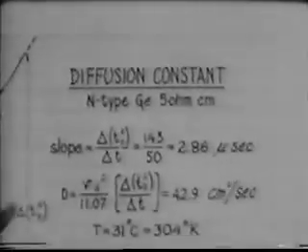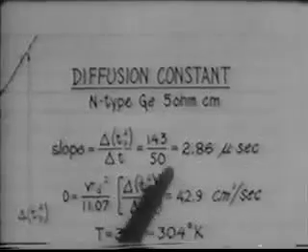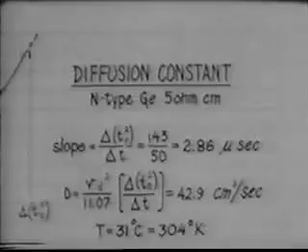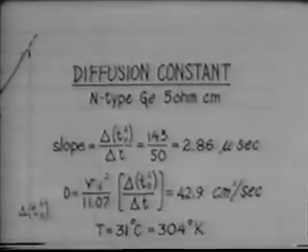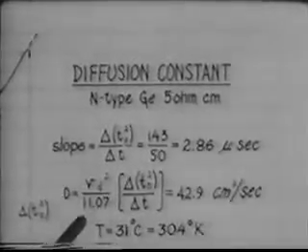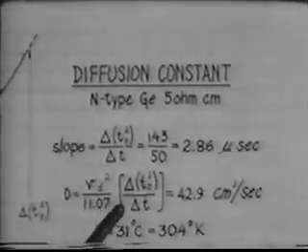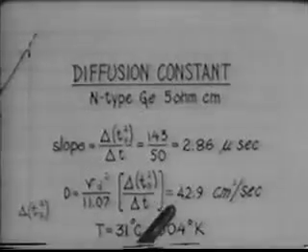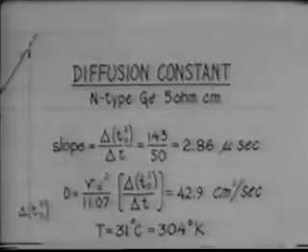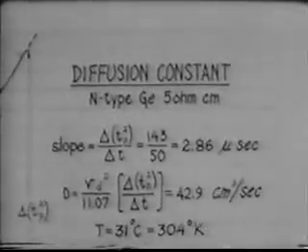As you see, the data points fall close to a straight line in keeping with Bell's equation. The slope of the straight line is 2.86 microseconds. Solving Bell's equation for the diffusion constant d, we get d is equal to the drift velocity, v sub d squared, divided by 1107, multiplied by the slope of the line. The result is a diffusion constant of 42.9 centimeters squared per second for minority carrier holes in our bar at 31 degrees centigrade.